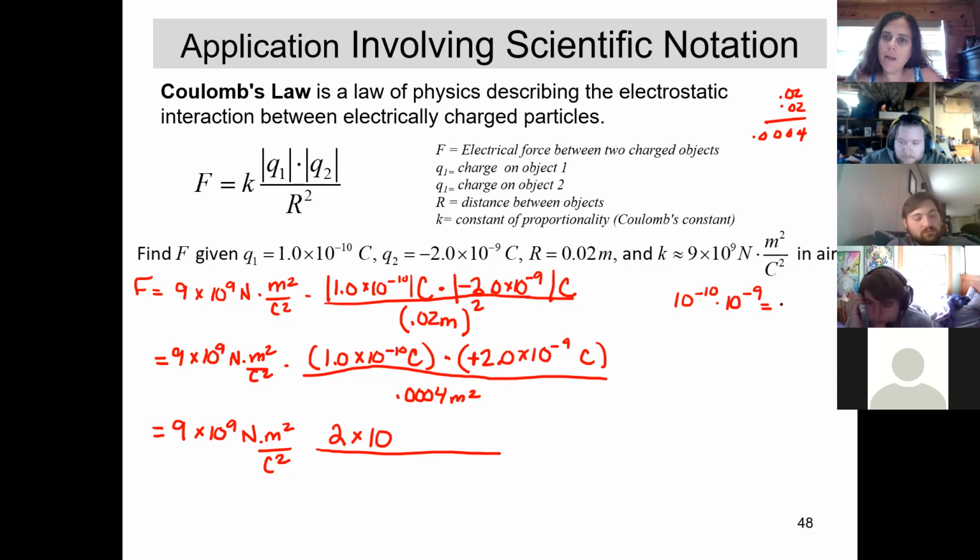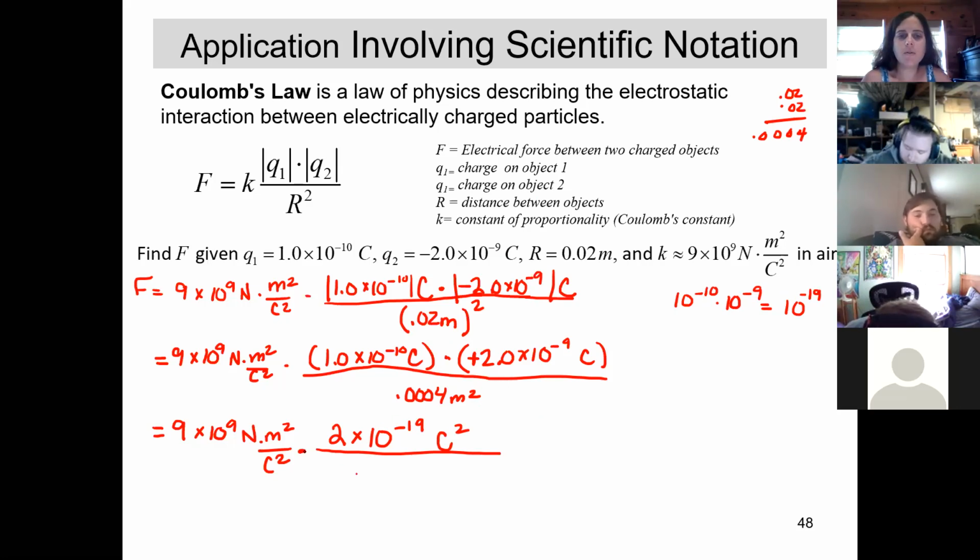When you're multiplying like bases, you add their exponents. So negative 10 minus 9, negative 19. Okay, so I multiplied the base 10s, and now I'm going to multiply the C times C. Those are units, so we just put C squared. You multiply C times C, you get C squared. My denominator, I can't really do anything more with it right now, so I'm just going to bring it down.